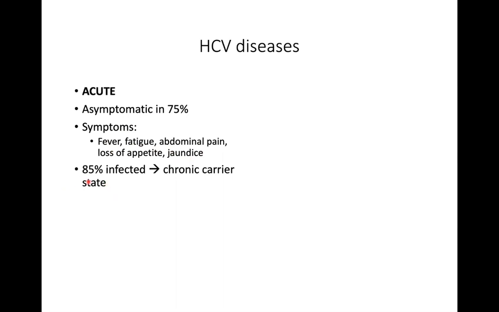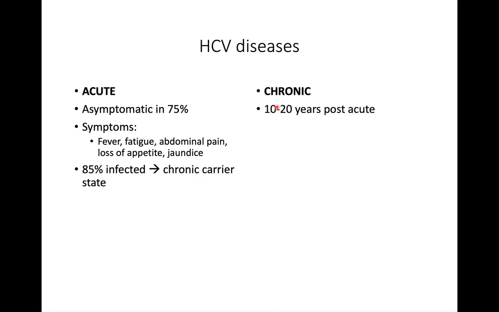About 85% of those who are infected will move on to a chronic carrier state where they're going to have it with them and potentially develop chronic disease. So this initial set of symptoms or asymptomatic infection will almost seem to disappear for a while.